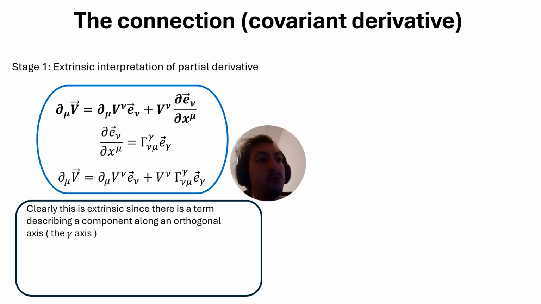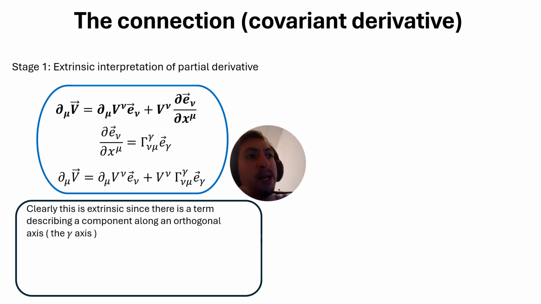And so we have a different Greek index for our term with our connection coefficient in it. So you can think of mu and nu as the coordinates tangent to the manifold, and gamma is the coordinate perpendicular to the manifold.